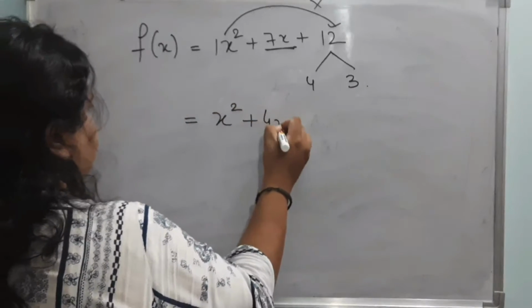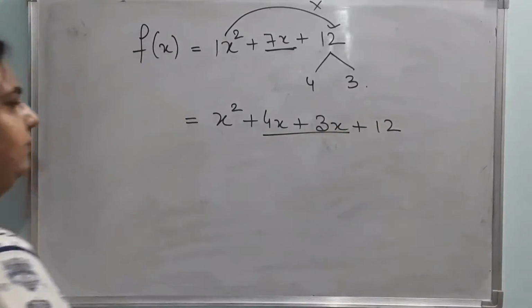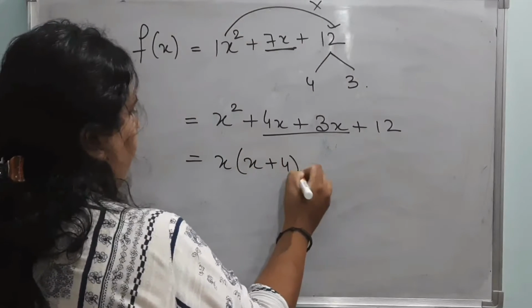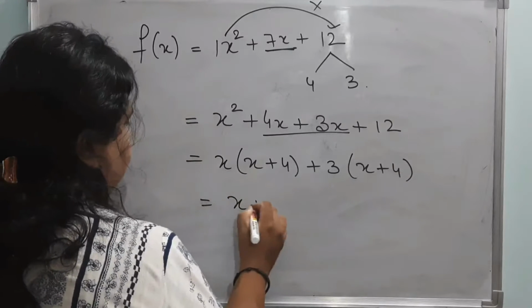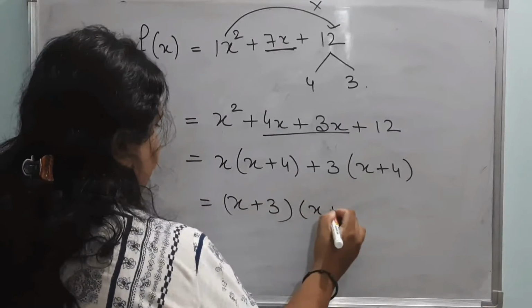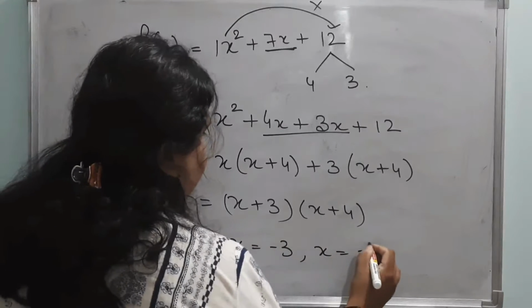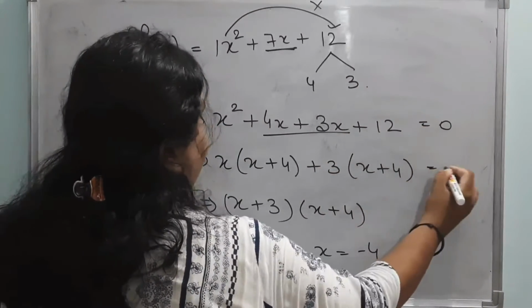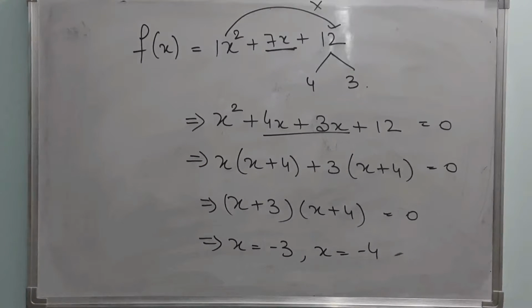So this can be written like this. When we add 4x plus 3x, we get 7x. So now x(x plus 4) plus 3(x plus 4). So this is (x plus 3)(x plus 4). So x equals minus 3 and x equals minus 4, which makes this equal to 0. So we get the zeros of a quadratic polynomial.